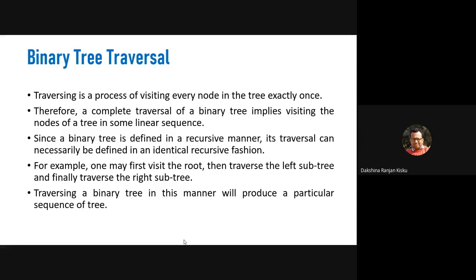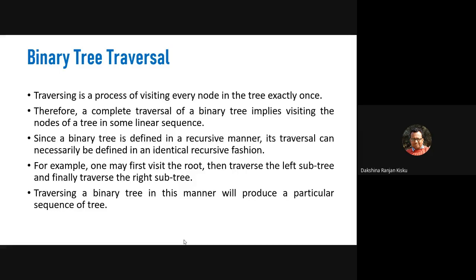This is the kind of sequence that we want to make in the binary tree. So this is one sequence. Another sequence may be that someone first visits the left subtree, then visits the root, and finally visits the right subtree.